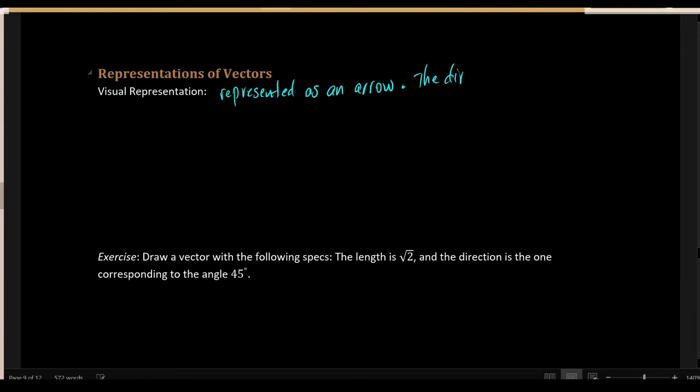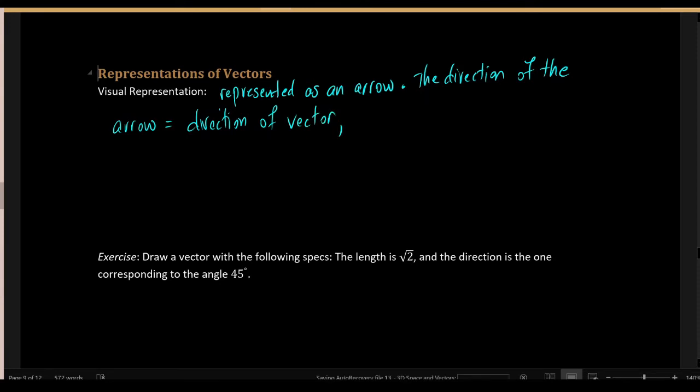The direction of the arrow represents the direction of the associated vector. And the length of the arrow, when you draw it, captures the length, strength, or size of the associated vector.